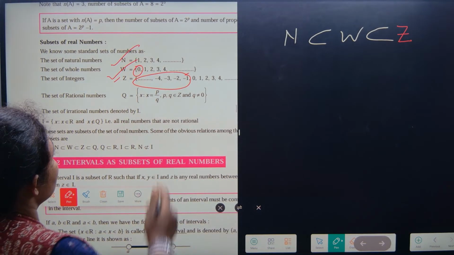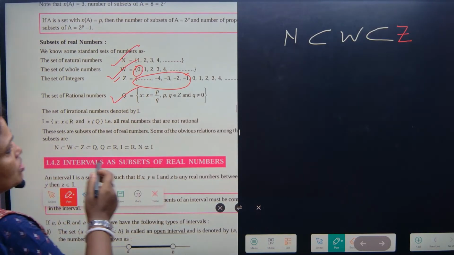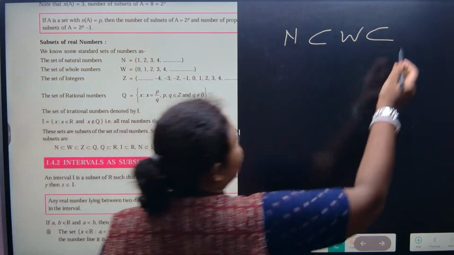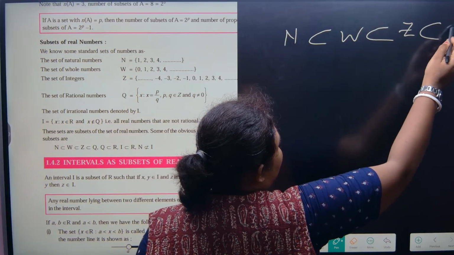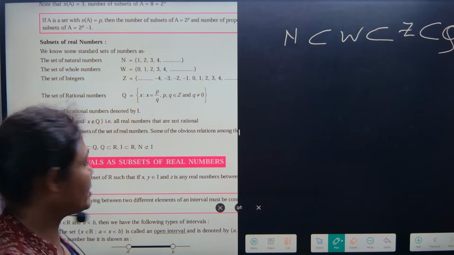Next again Q, the rational numbers. So here we have Z, and Z is included in Q, right?